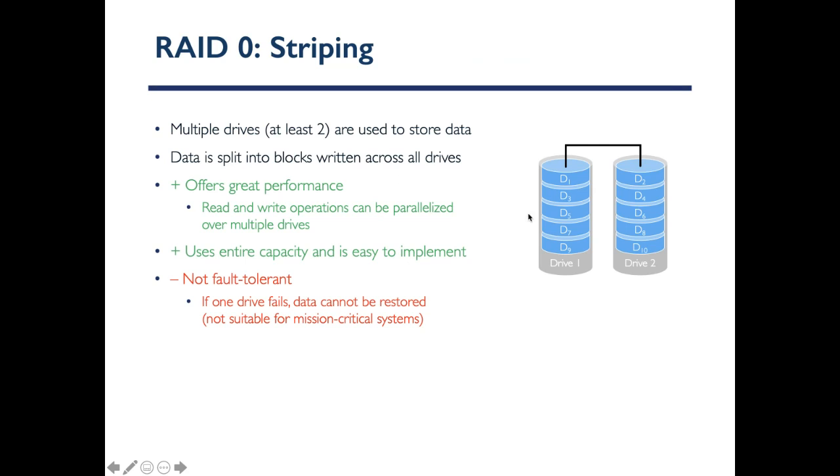So I'm going to talk about 4 RAID methods, starting with RAID 0. RAID 0 provides no durability. I'm going to talk about it because it's used in another RAID later on, which provides durability. So RAID 0 basically provides a lot of throughput.